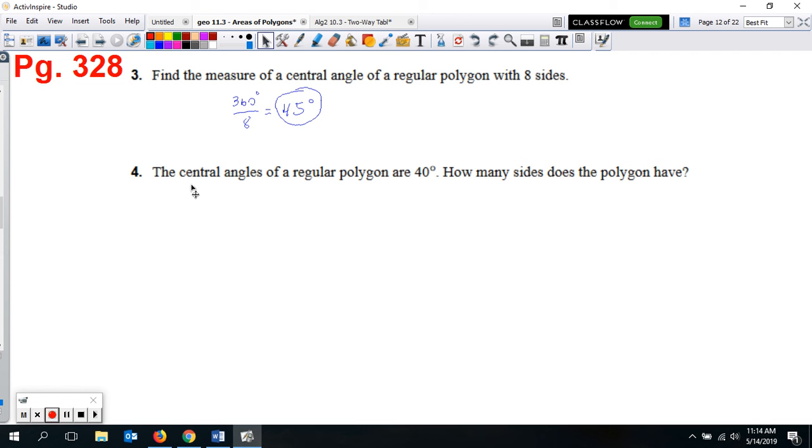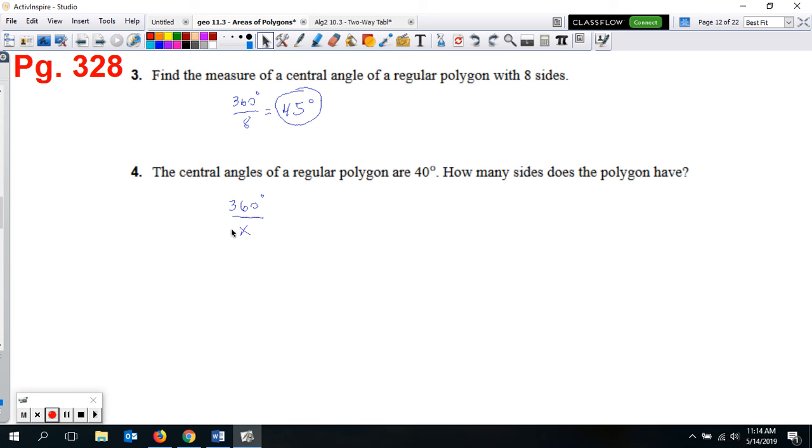Number 4 says the central angles of a regular polygon are 40 degrees. So it tells us what the central angle is. How many sides does the polygon have? So this one we're going to go back and say, okay, we need to know the sides. So 360 divided by S for sides, or we could put X down here as well. We're looking for the sides here, is equal to 40 degrees.